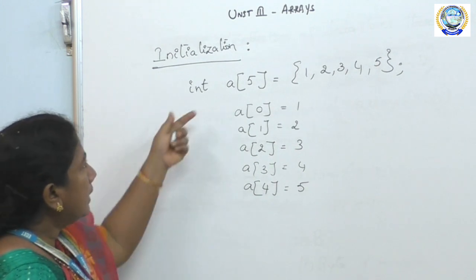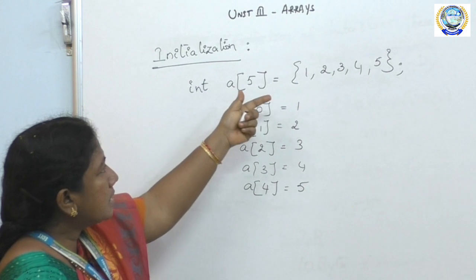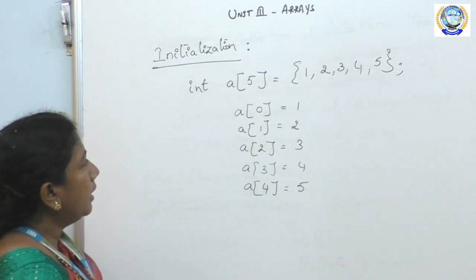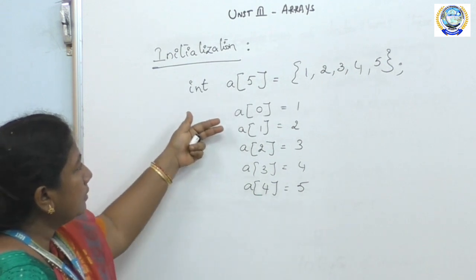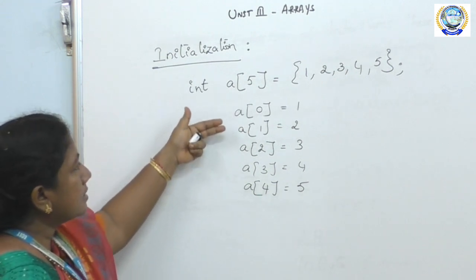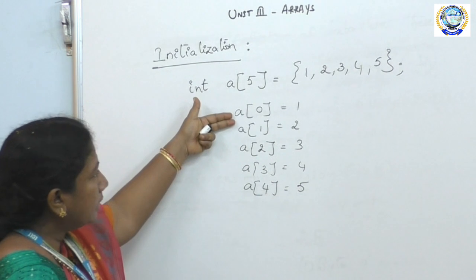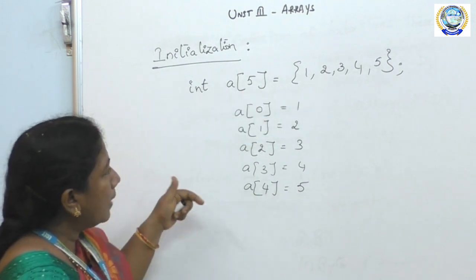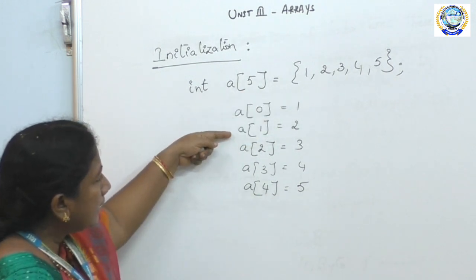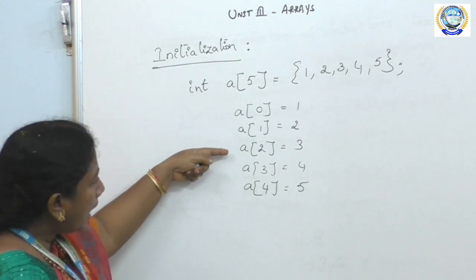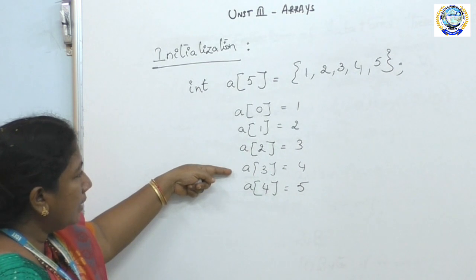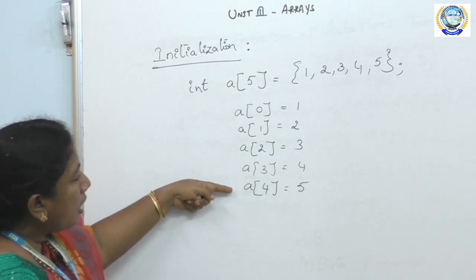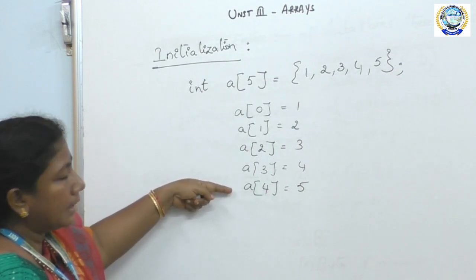Actually, when we initialize the array at the time of declaration, int a[5] = {1, 2, 3, 4, 5}, the compiler assigns the values to the array locations: in a[0] it takes the value 1, in a[1] the value 2, in a[2] the value 3, in a[3] 4, in a[4] the value 5.